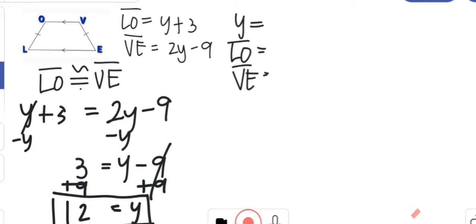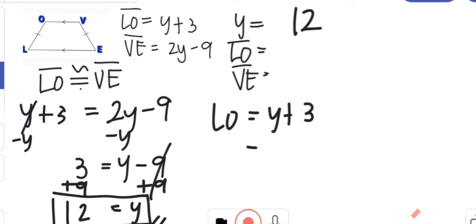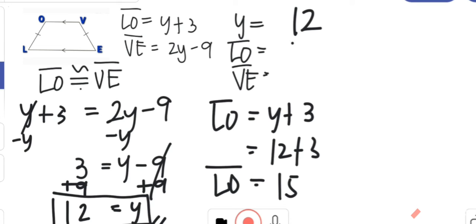We can now substitute this value of y to our LO. LO is equal to y plus 3, so that means 12 plus 3, the answer is 15. If we know that LO is 15, then it follows VE should also be equal to 15.